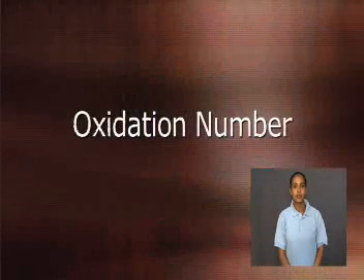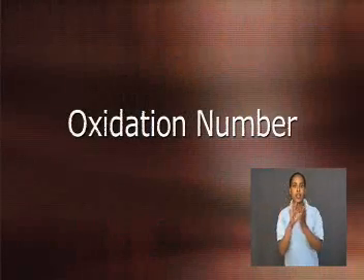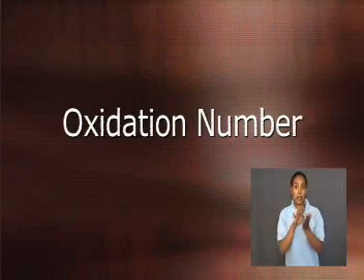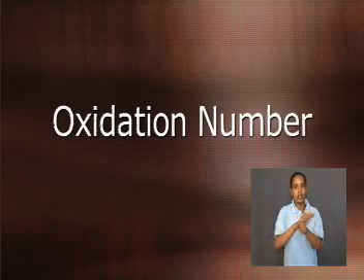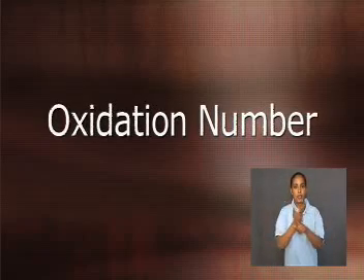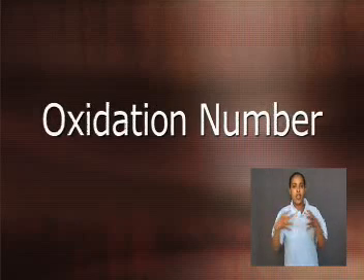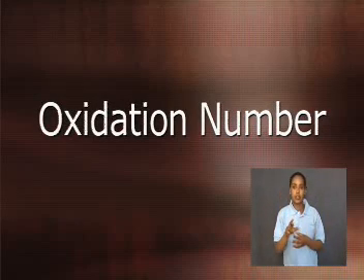Oxidation now refers to the loss of electrons and is identified by an increase in oxidation number. An oxidation number is a number that shows the electric charge an atom appears to have in a compound or molecule.